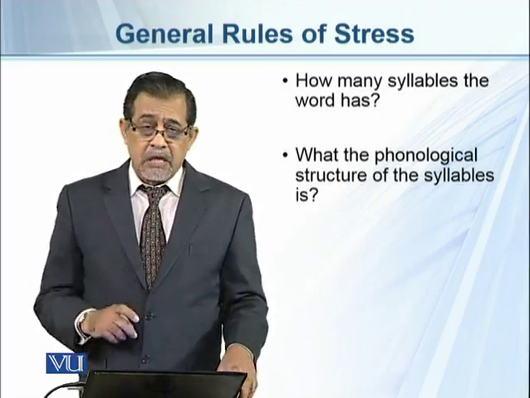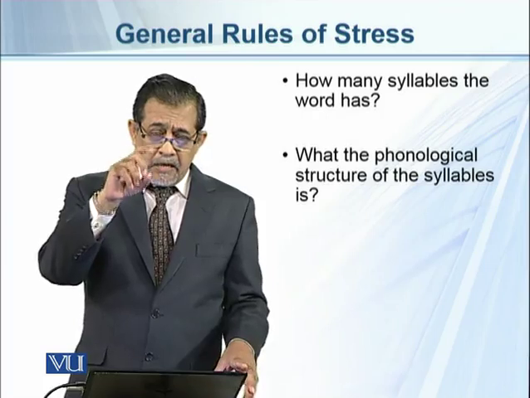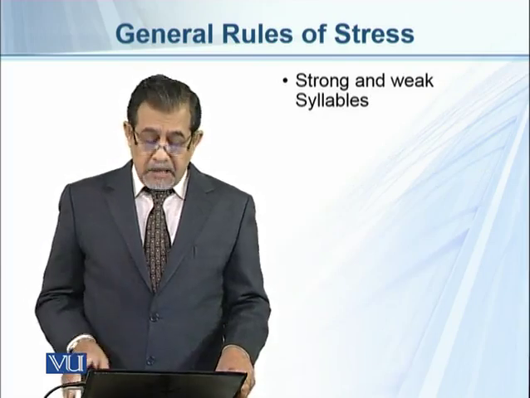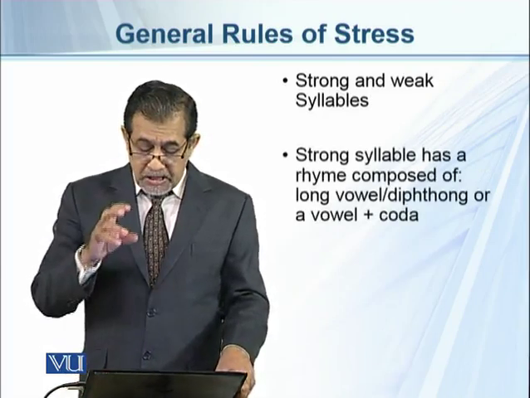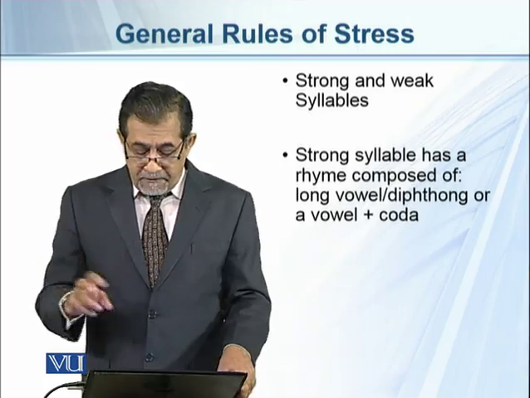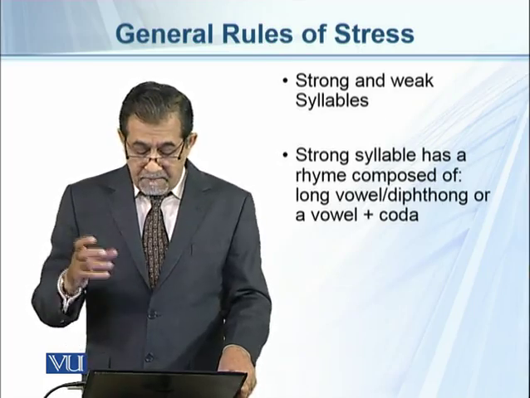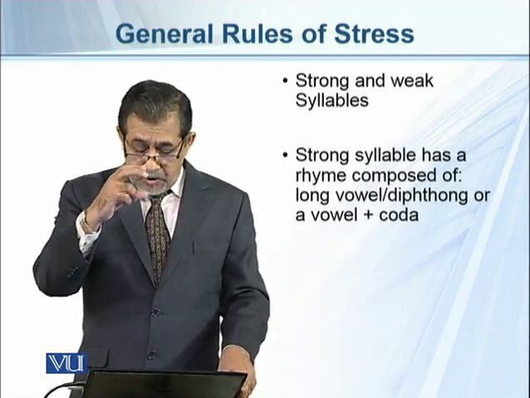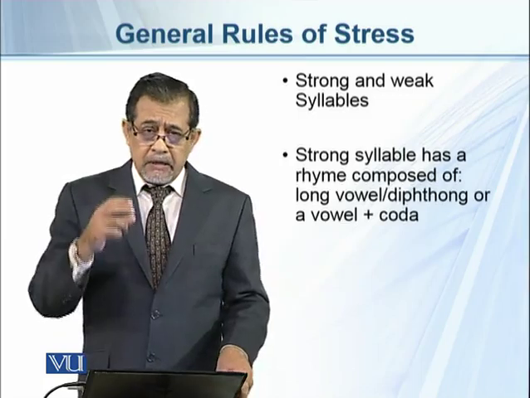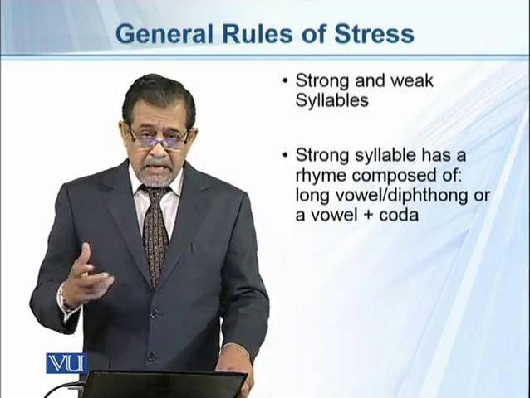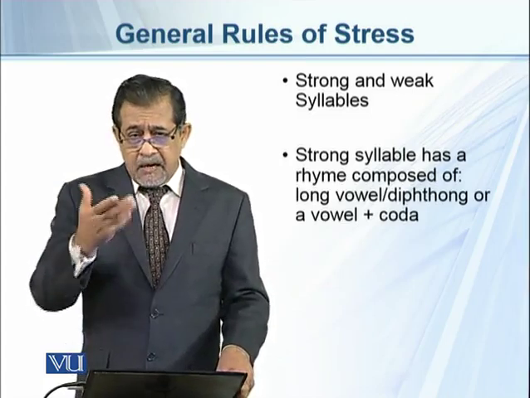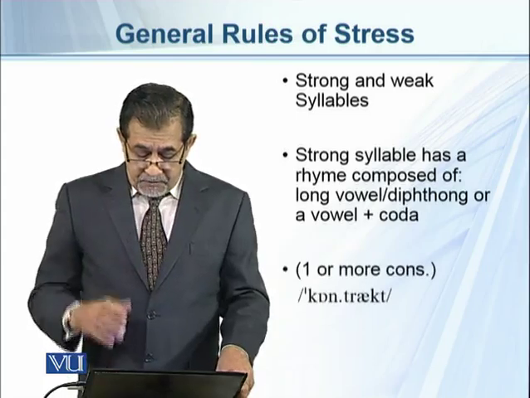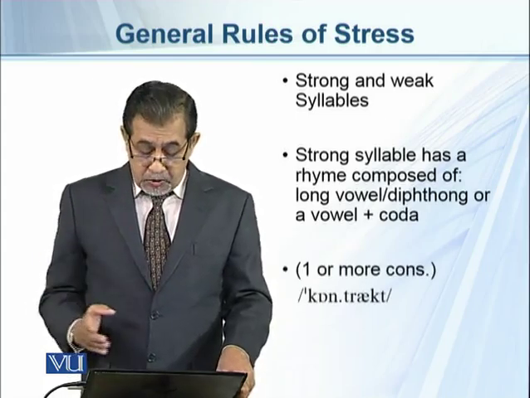So the structure of the syllable is also very important in determining the stress on the word. So, strong and weak syllables. A strong syllable has a rhyme composed of a long vowel, diphthong, or a vowel and a coda. As I told you, a strong syllable consists of a diphthong, long vowel, and then a coda, and the coda may be two or more consonants, or one or more consonants.